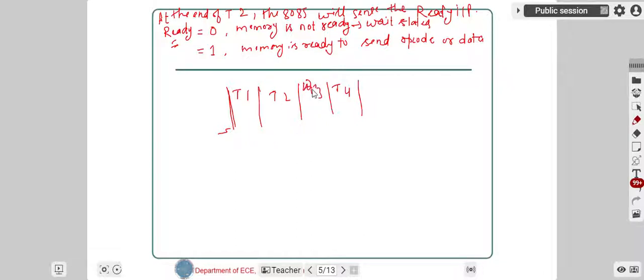There would be some wait states introduced here until this ready becomes 1. So the time period for the execution of that instruction will increase if this ready input is not 1. Okay, let us move ahead now.